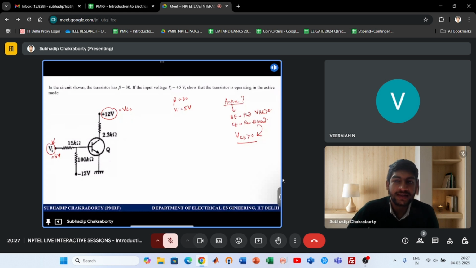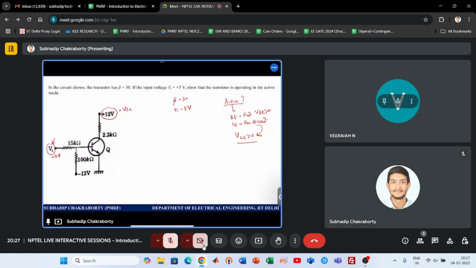If these two are satisfied, then obviously normal operation in the active region is attained. Can you solve it and check? So VB is 0.7, you can assume. So you just show that VC is greater than 0.